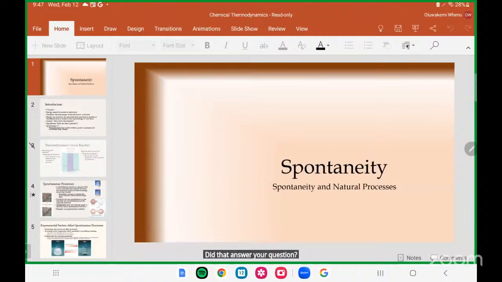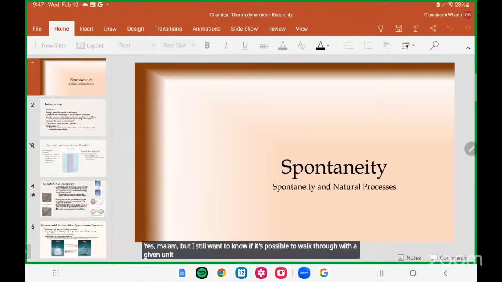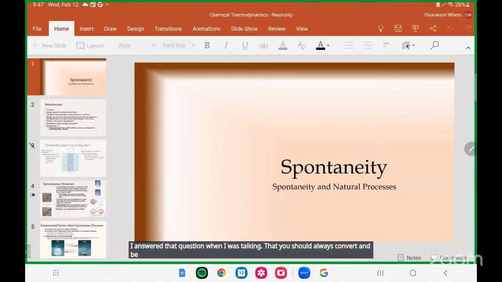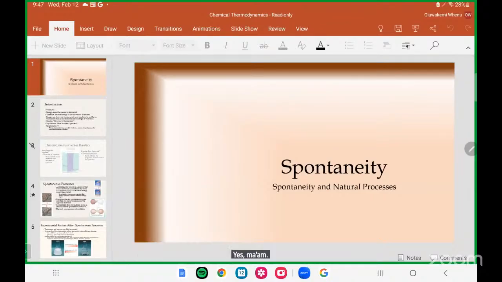Yes, ma'am. But I still want to know if it's advisable to work through with a given unit and then towards the end. I answered that question when I was talking, that you should always convert. That means you're not listening, and you still want to know something else again.